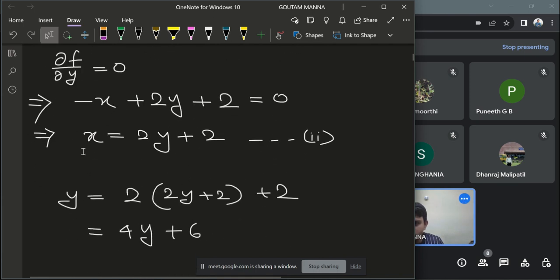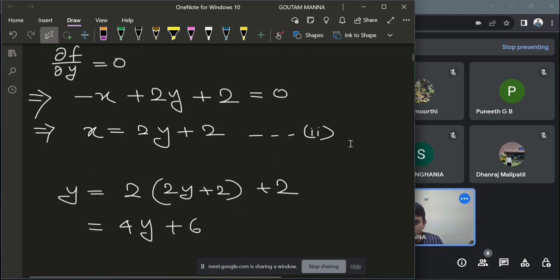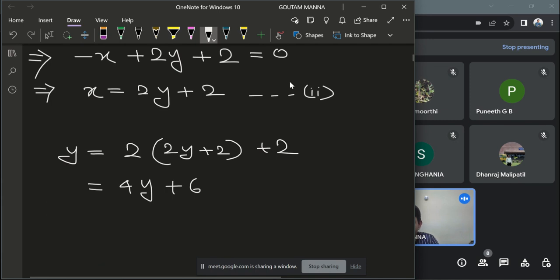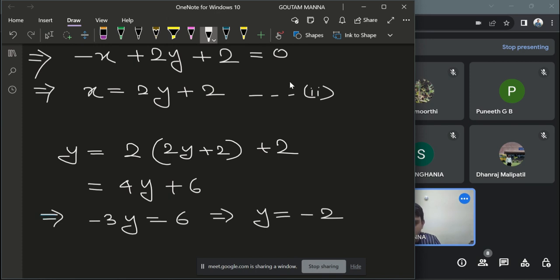Now I can find the value of y from here. It will be minus 3y equals to 6, which implies y equals to minus 2.